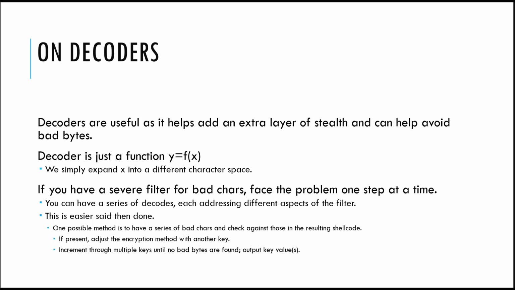Meaning, if we can figure out a way to exclude a certain bad byte, then we could do that and potentially have a series of different decoders, each of them addressing different aspects of the filter. Of course, that's a little bit easier said than done, and it still leaves out quite a bit of implementation details.